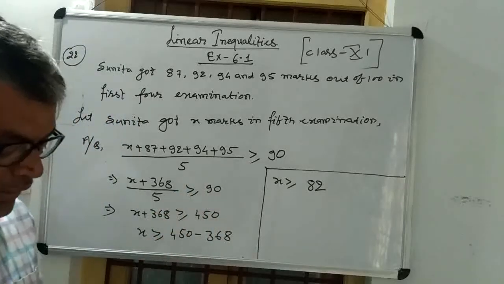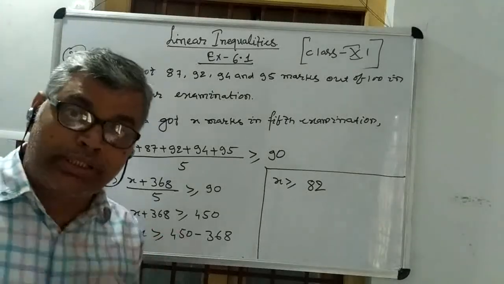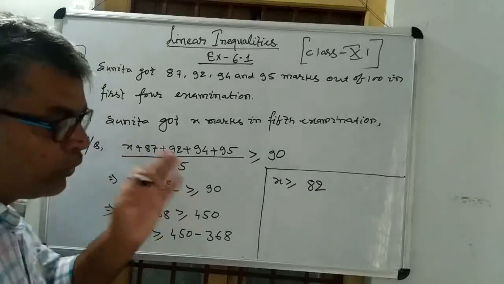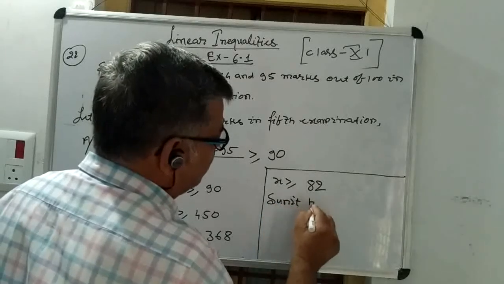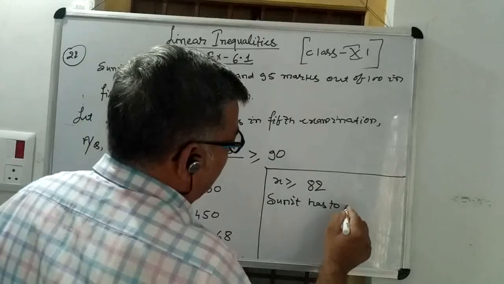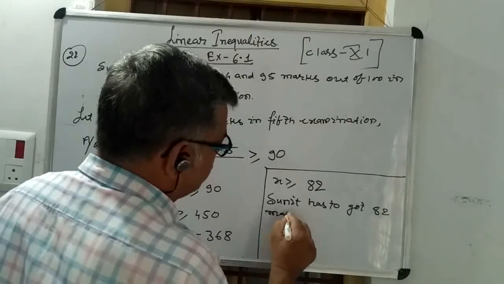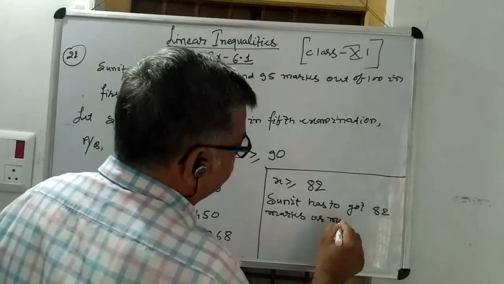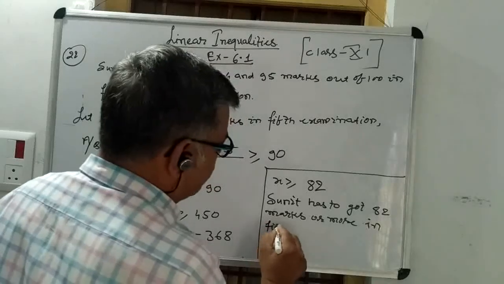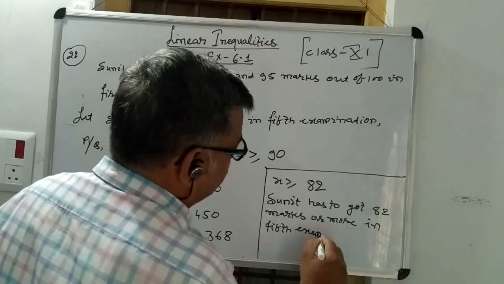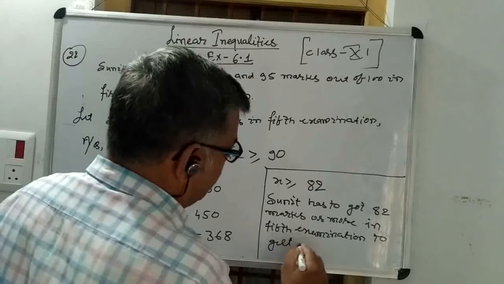It means that Sunita has to score either 82 marks or more than 82 marks in the fifth examination to get grade A in the course.